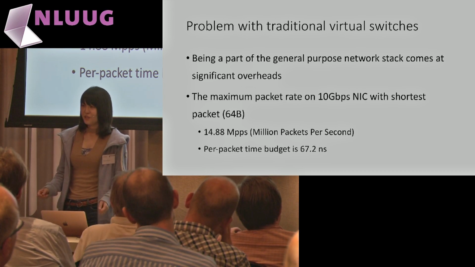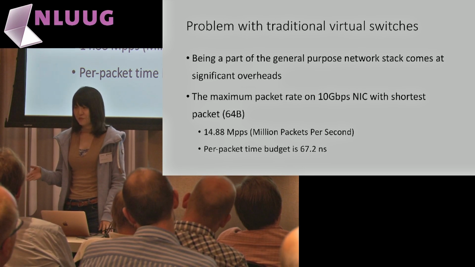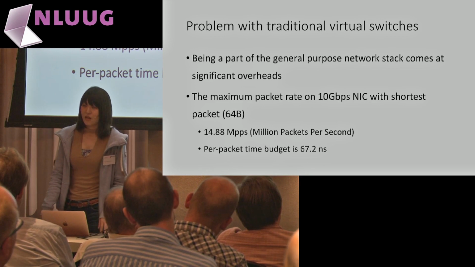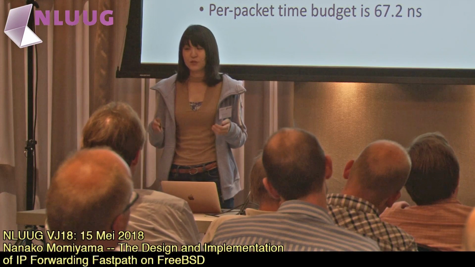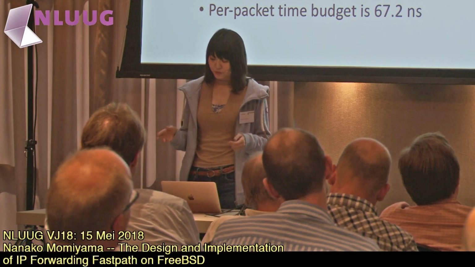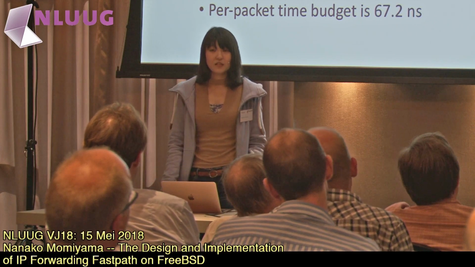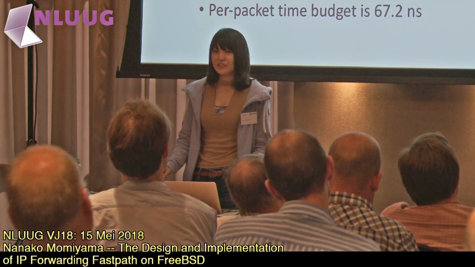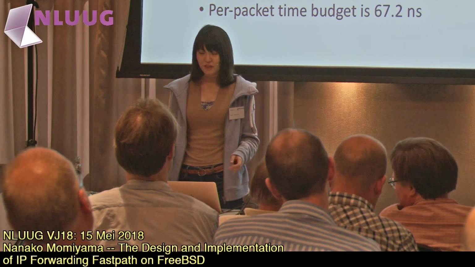The reason we use million packets per second instead of bps to describe the performance is that shorter packets require a higher packet rate to saturate the bandwidth. So to achieve the peak packet rate, the per-packet time budget is only 67 nanoseconds. That is a very short time, even in the kernel.